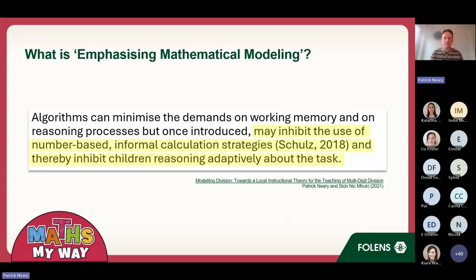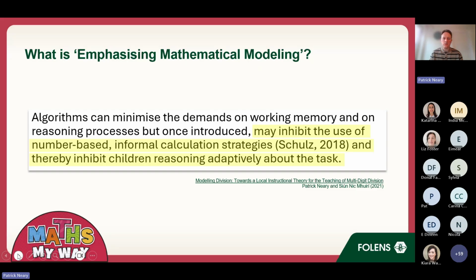Nowadays, the children can ask Siri, they can ask Alexa, they can ask ChatGPT. There's all of these things that can calculate quickly. But the skills that we need the children to develop are the reasoning skills, that they can think flexibly, and that there's more opportunities for them to build up those critical thinking skills.